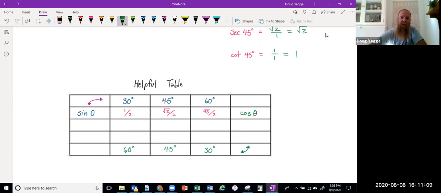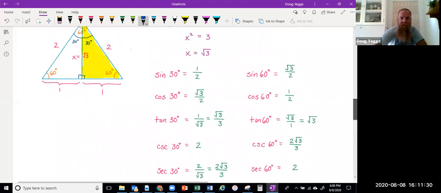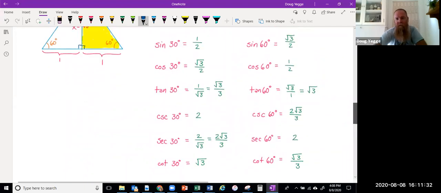And so now we can go on to our tangent row, where this is tangent theta. If we refer back to our original triangle, remember that tangent of 30 degrees was root 3 over 3, while tangent of 60 degrees was root 3.